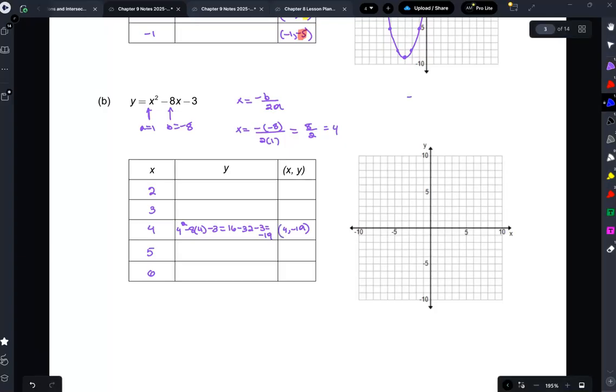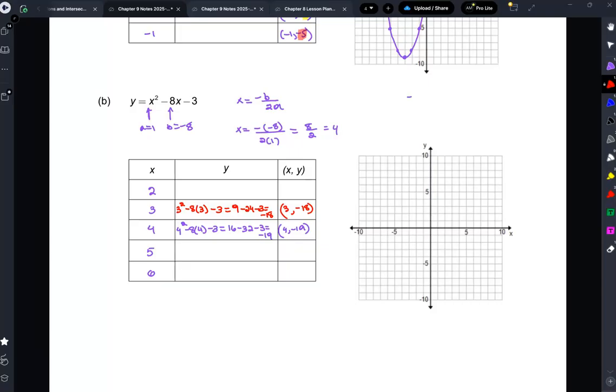Now, this one right above it is going to be 3 squared minus 8 times 3 minus 3. 9 minus 24 minus 3. Negative 12. How much is that? So 9 minus 3 is 6. Negative 18. So this is 3 and negative 18.